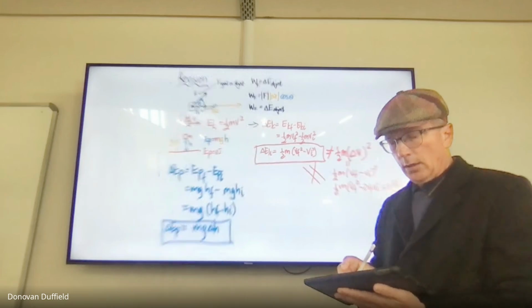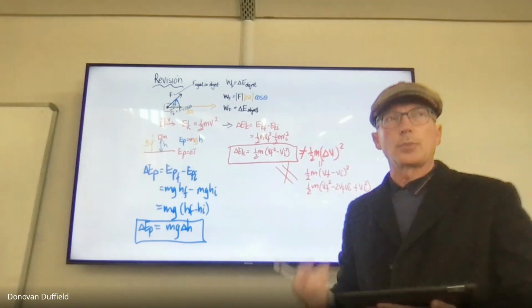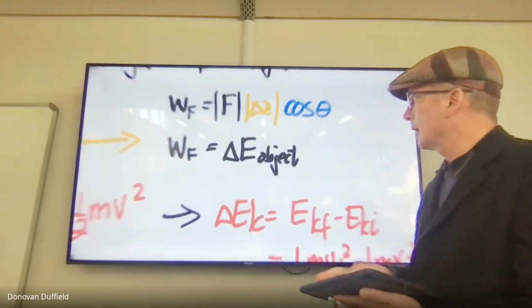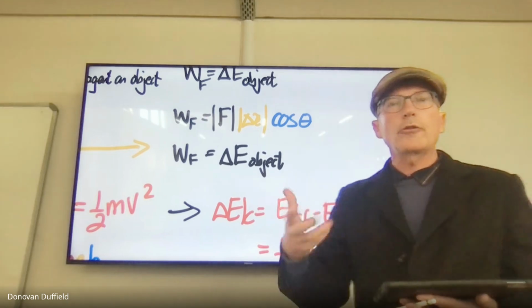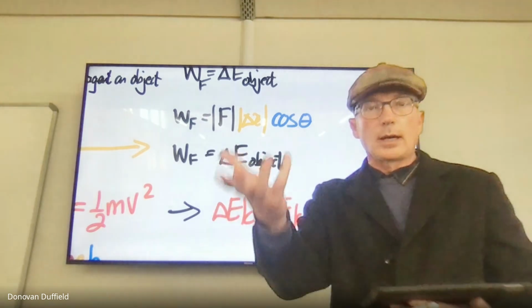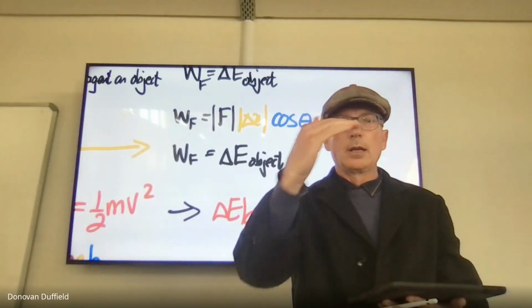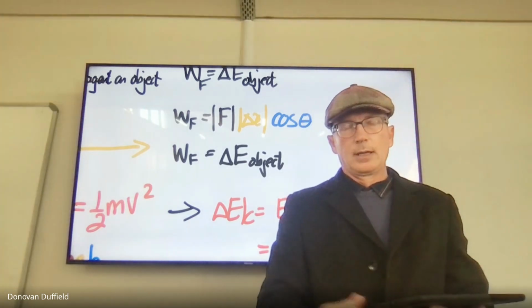Now, question is why have I referred now to changing kinetic energy and changing potential energy? Because remember I said to you that the work done by a force changes the energy of the object. What forms of energy? Well, kinetic energy and potential energy. Now, if I'm pushing something horizontally, the change in potential energy is zero because there's no change in height.